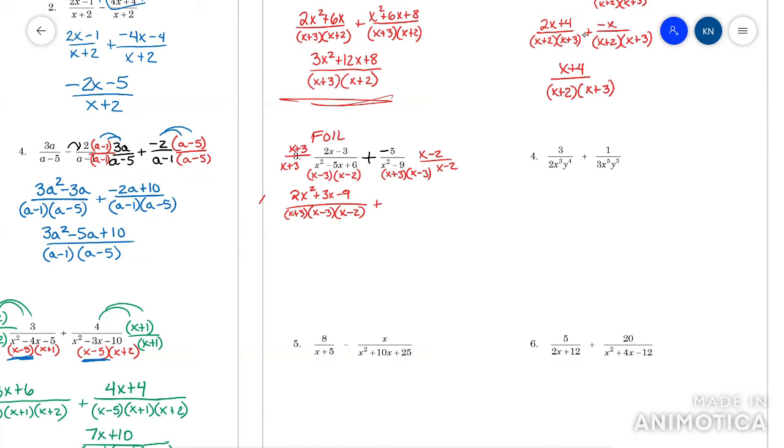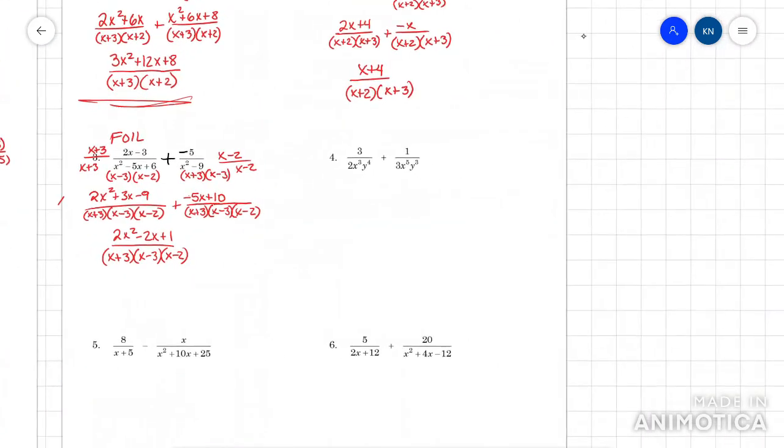Then over here, you can distribute that negative 5 and get negative 5x plus 10 over the common denominator. Combine your numerators. And that one would be done.